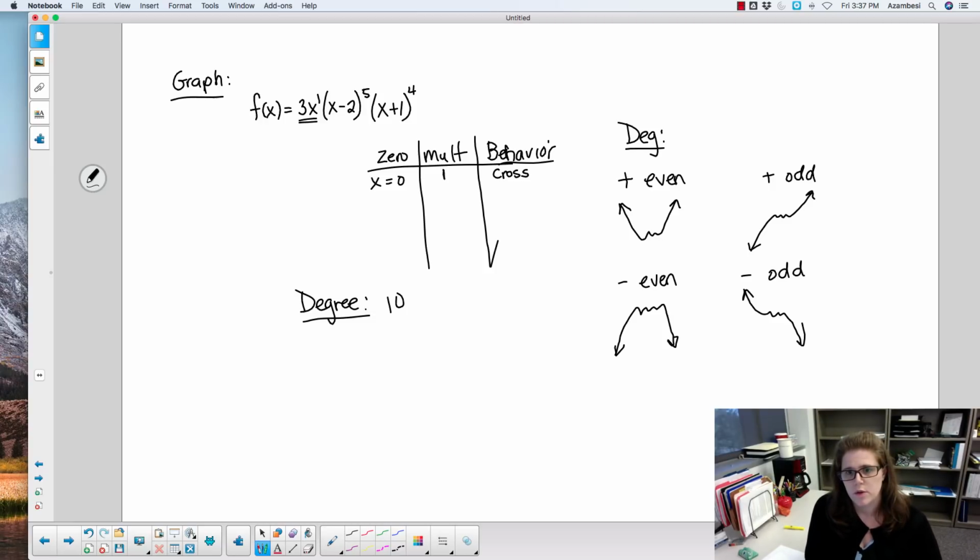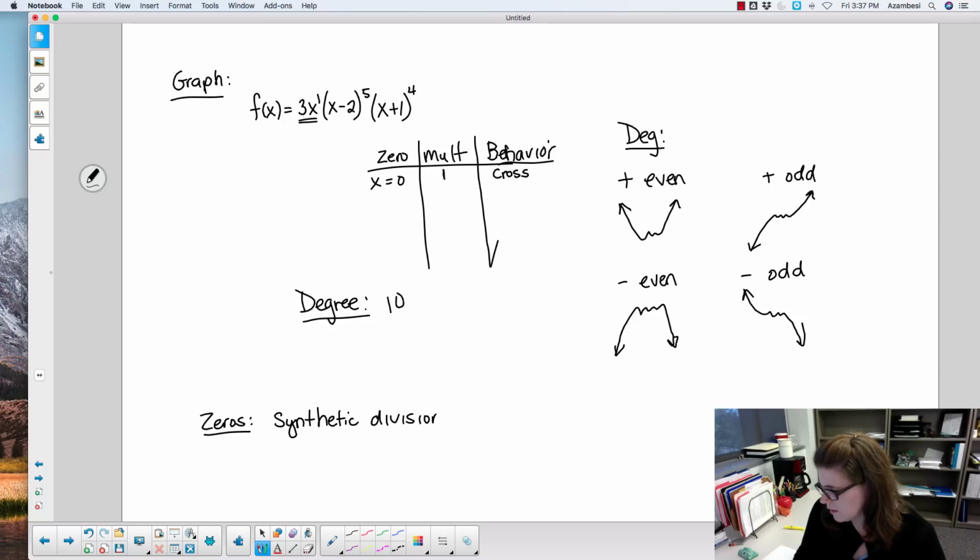You will also need to deal with the zeros of a polynomial. So think synthetic division. You'll have to list possible zeros, find the zeros, and factor.